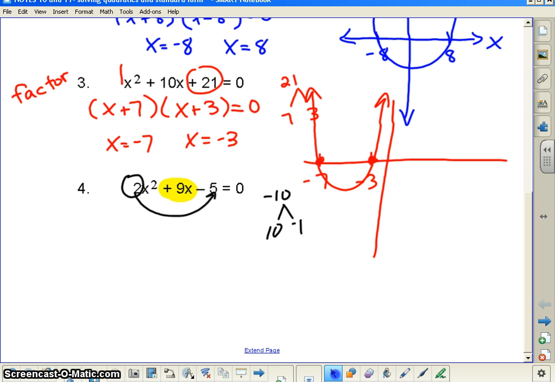So I'm going to put down 2x squared first, and then minus 5 next. Strategically, I want to put my 10x and my negative 1x next to the numbers they have a common factor with. So 10x is going to go with the 5, since they have a 5 in common. And everything has a 1 in common, so I can put minus 1x here.